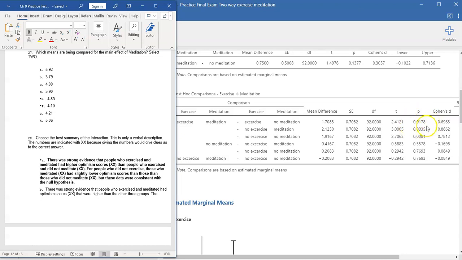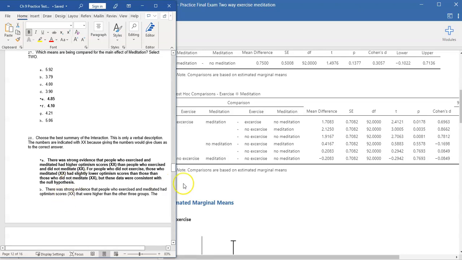It's small enough to be compelling. And then again, you can look at the effect size, and it's 0.7, which is close to a large effect, right? So this is the line that gives us information to support this first sentence: the meditation and exercise group did better than the people who exercised without meditation.